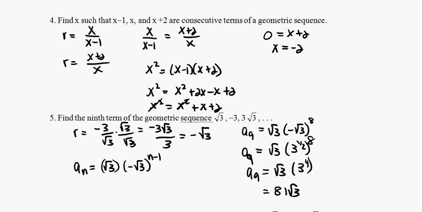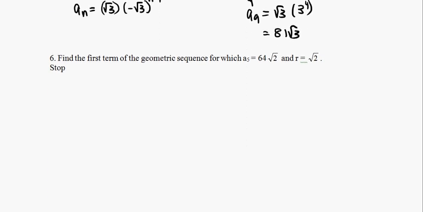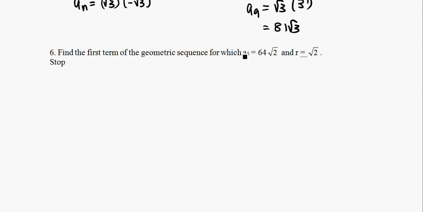Find the first term of the sequence where the fifth term is 64 radical 2 and the common ratio is radical 2. So our formula is a sub n is equal to a sub 1 r to the n minus 1. Our fifth term is 64 radical 2, so 64 radical 2 is equal to a sub 1 times the common ratio raised to the 5 minus 1.